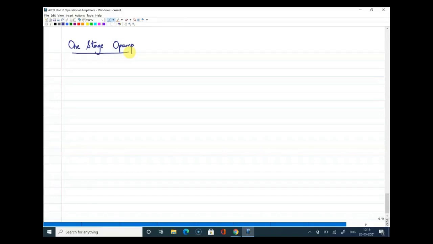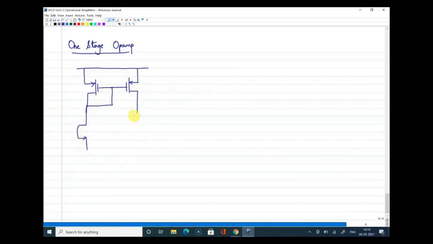I'll draw the structure here. So this is the load devices, and you know that there will be a connection like this here, and here we have the input transistors followed by the tail current source.